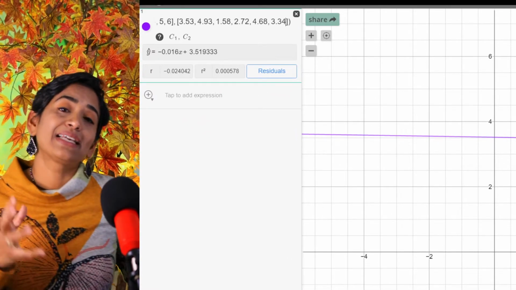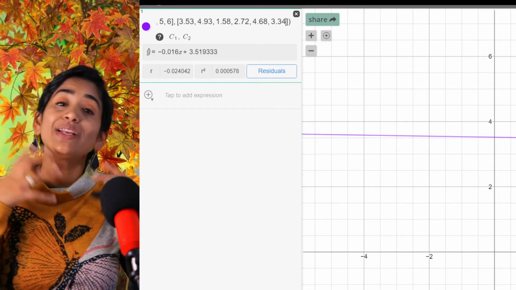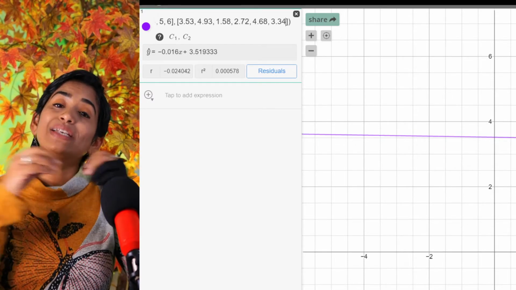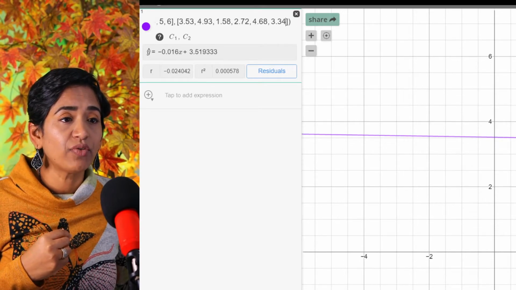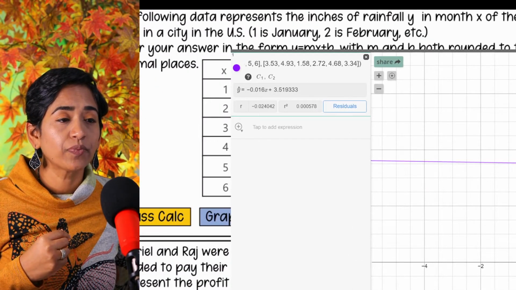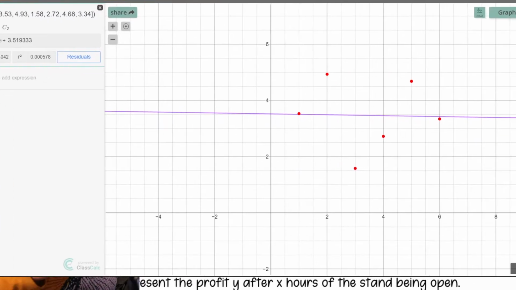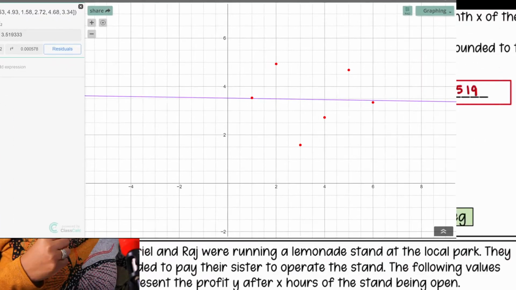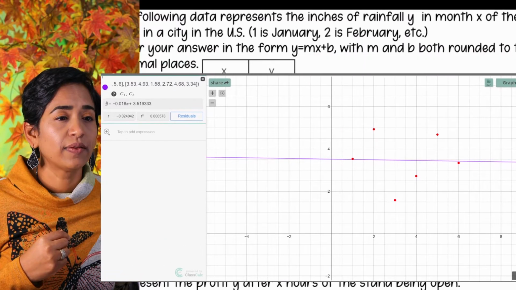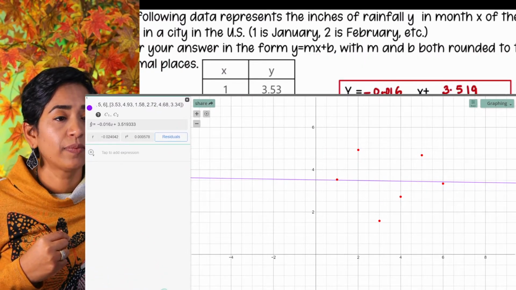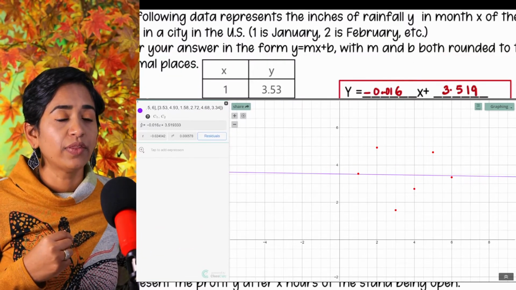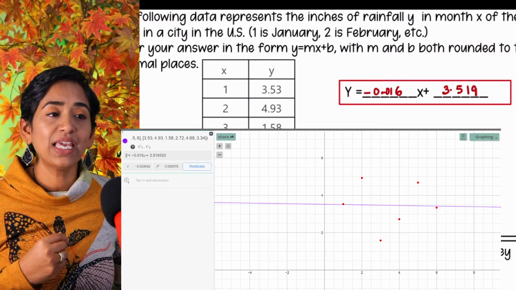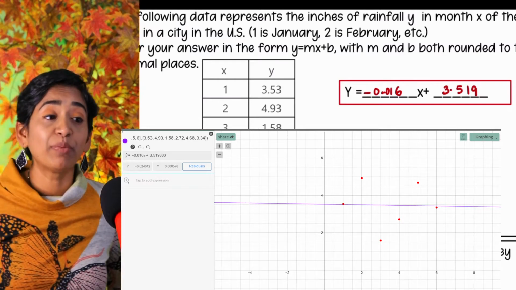So this class calc gives you a total idea of what a scatter plot is and what the best line of fit is. If you look further here, all these x and y values have been plugged in right here.